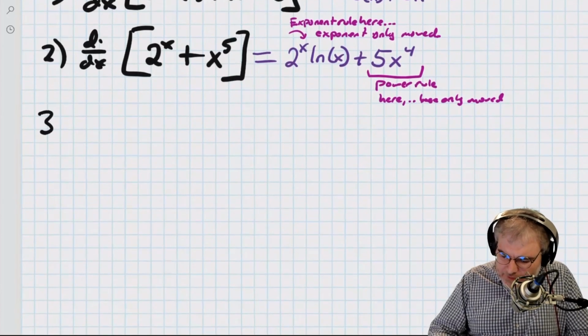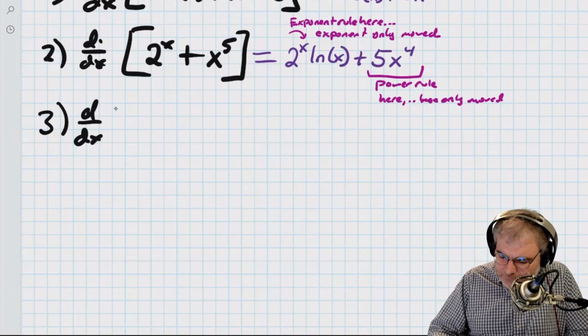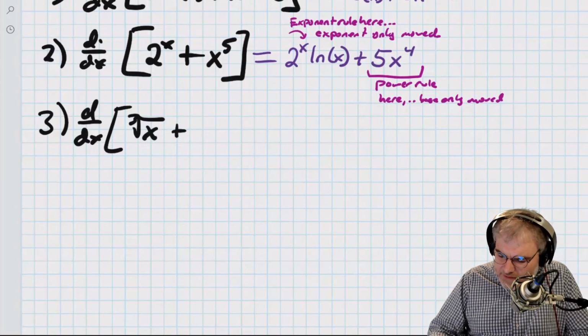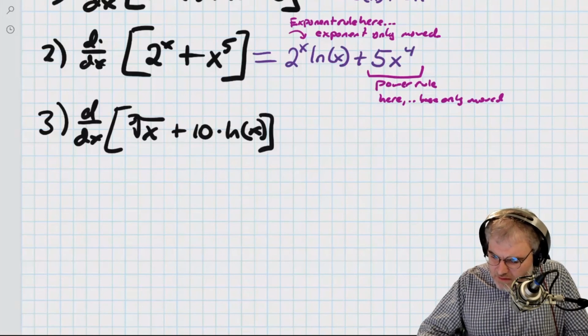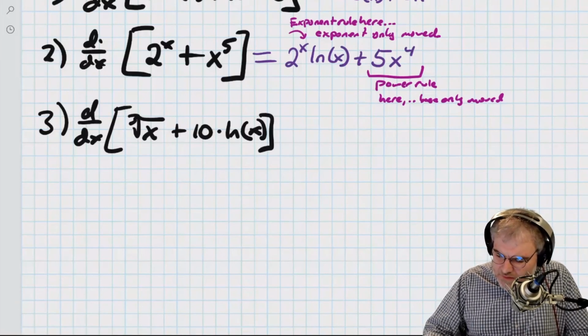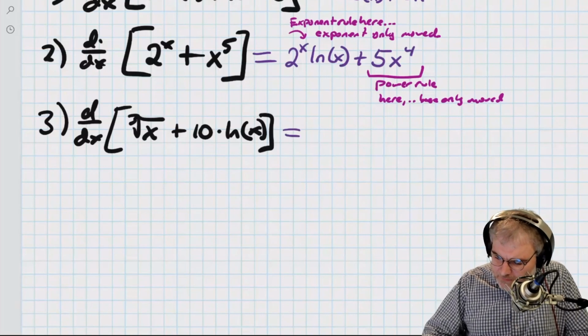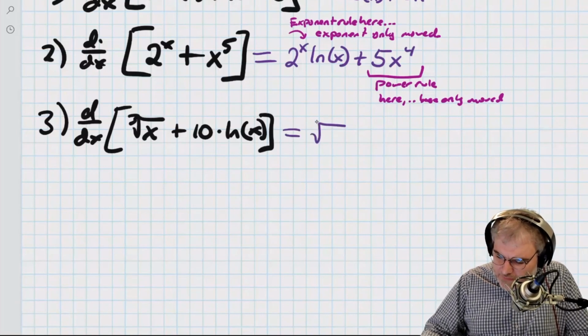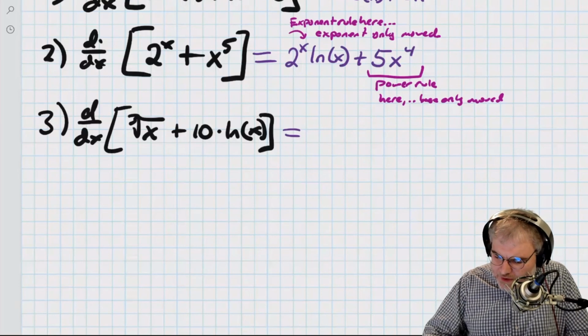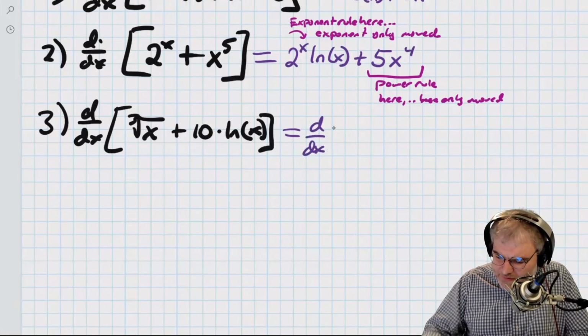All right, let's do another one. d over dx of the cube root of x plus 10 times ln of x. So I'm going to mix and match here. Now note what I'm going to do. I'm actually going to do the sum rule explicitly.